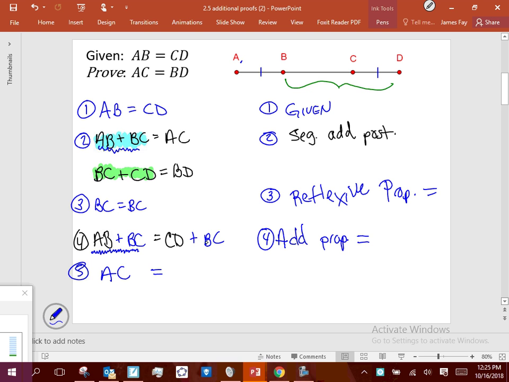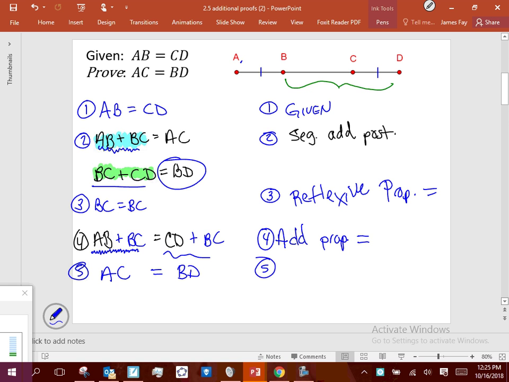Have we said that CD plus BC is something else earlier in the proof? Yeah, it's BD. Now, we have to understand that we have the commutative property with addition, so we're going to flip-flop that. CD plus BC is the same thing as BC plus CD. But that right there is what we're saying is equal to BD. Let's replace it with BD.